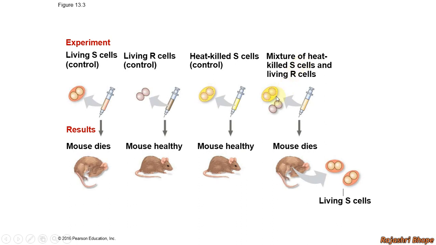Next, he mixed both the strains, heat-killed smooth strains and rough strains, and injected them into the mouse. He found that the mouse died, and later he extracted organisms from the mouse. He found that there were living smooth cells present in the mouse body. That is, something had transformed rough strains into smooth strains.